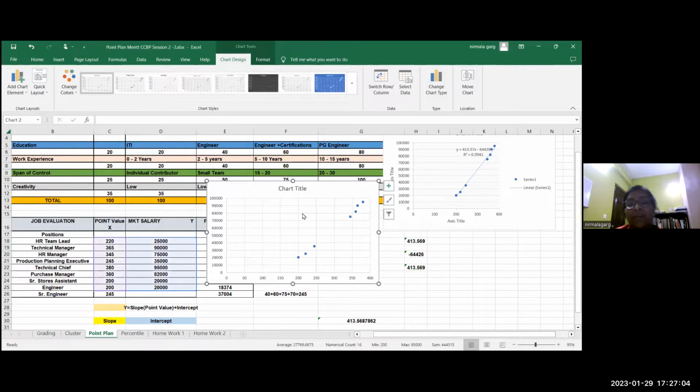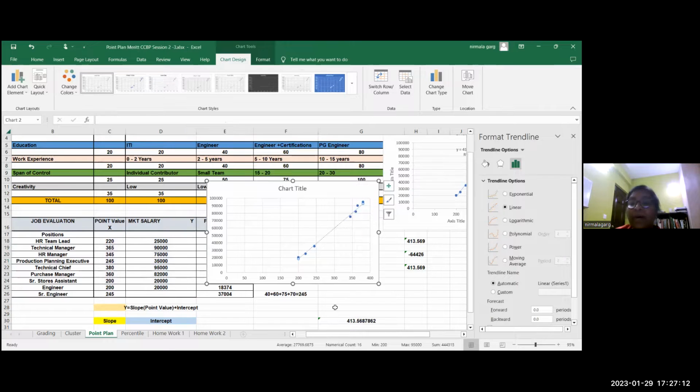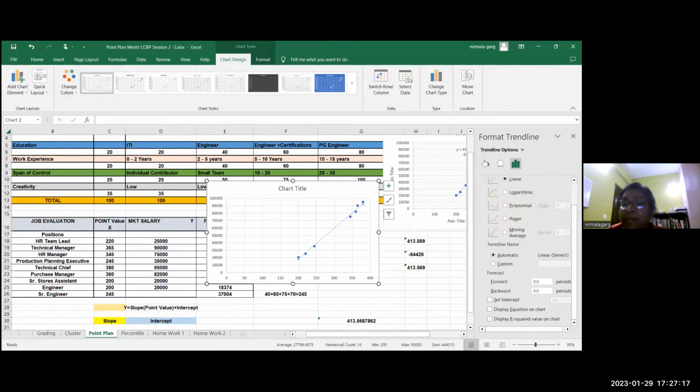Now right click, add trendline. I will also say display equation, display R square.